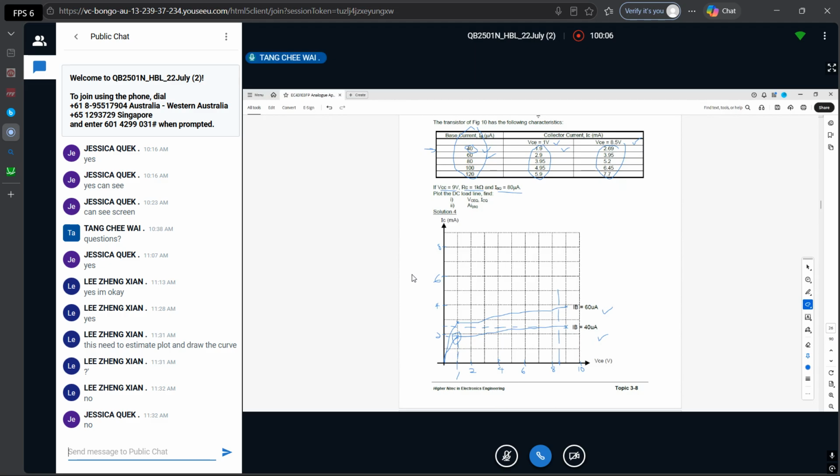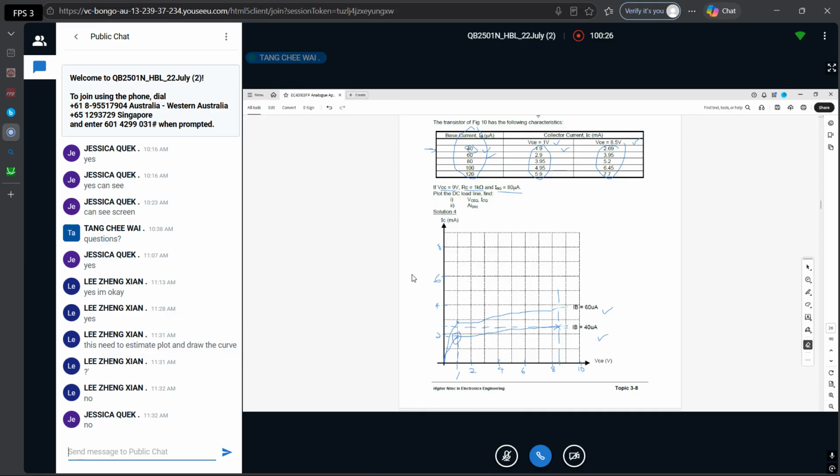Then I hit this point, and I get my first point here, or rather the second point. Ignore this one. I try to erase this color.